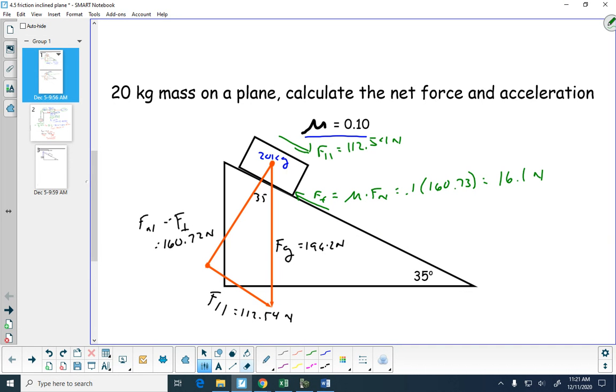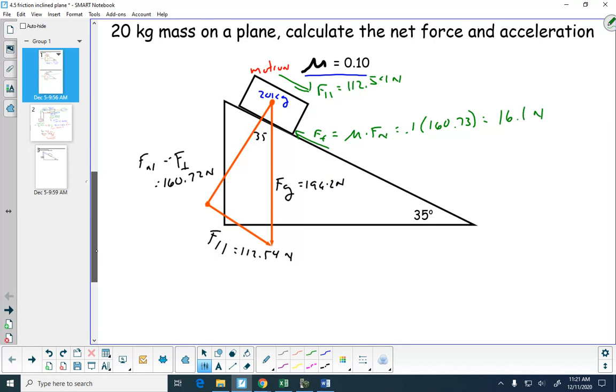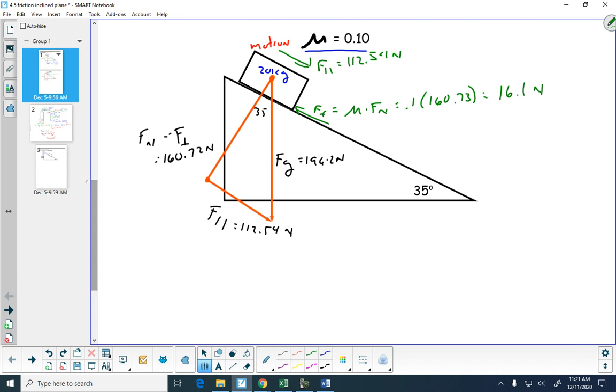We have this force of friction that is resisting this motion. So we have motion going down the plane. And the force parallel is the thing that's pulling it down the plane. Force of friction is the one that's resisting our motion, and that's 16.1 newtons.